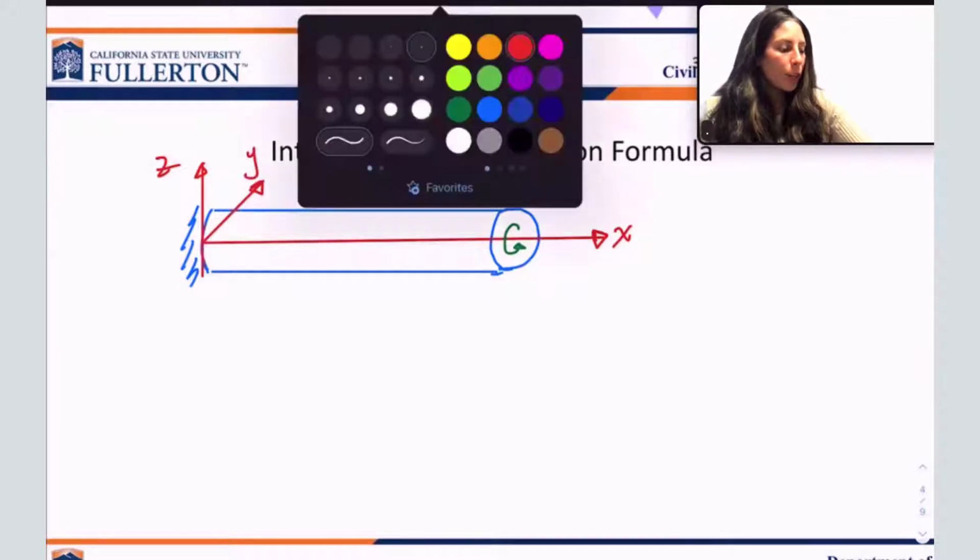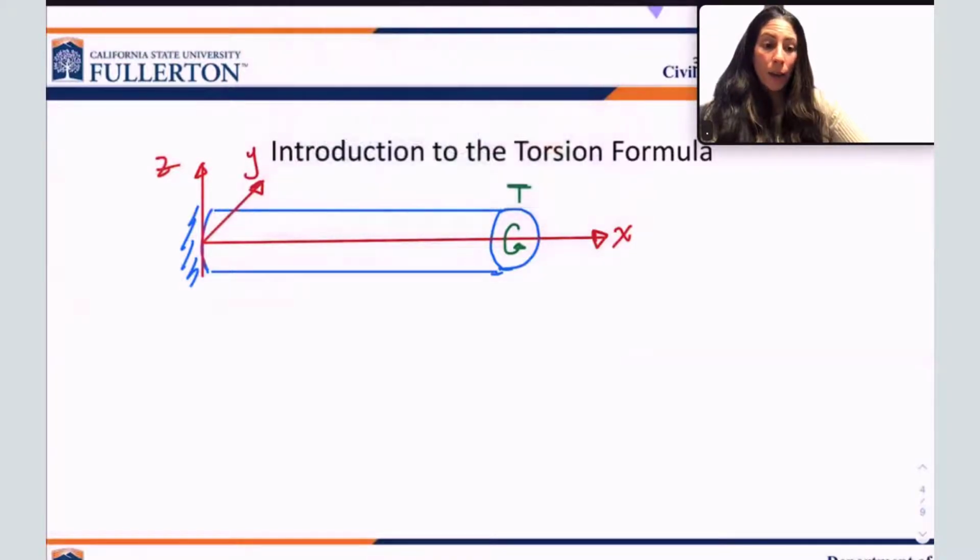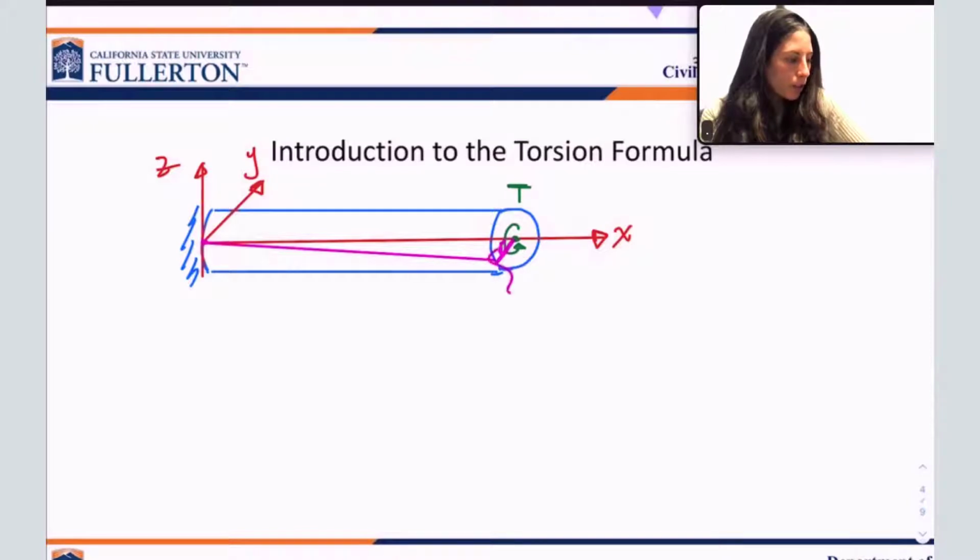What's happening here as we twist this element is, if this is the center point, it's deforming, and it doesn't have any movement at the fixed support. We end up getting this angle that develops as we twist and turn. This little angle here develops, okay? And we call this angle the angle of twist, which we denote with the Greek letter phi.